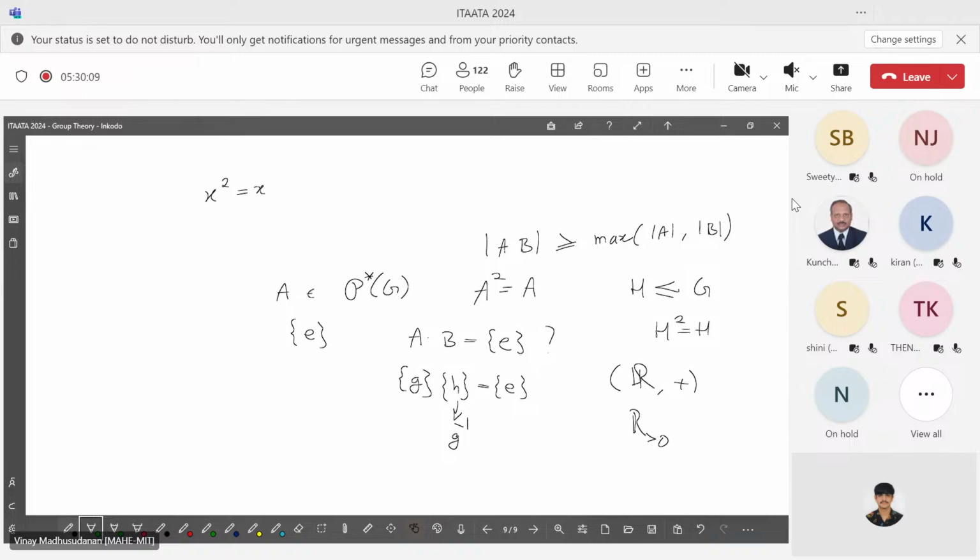What is the operation? Addition. So when you add elements of this to itself, what do you get? Definitely a subset of this. Positive real numbers, when you add, you will get positive real numbers.